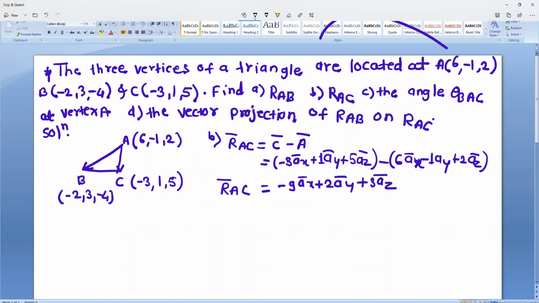Now the question asks the magnitude of vector AC. So mod of R bar AC is equal to square root of (-9) square plus 2 square plus 3 square.